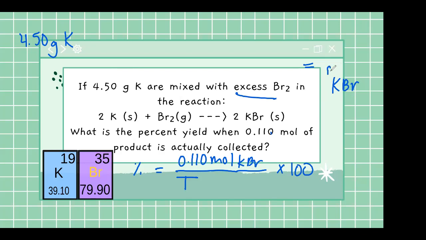Moles, yeah, moles of KBr. So we're not going all the way to grams, right? We can save ourselves a step because it's not asking for it. So in our first conversion, we have grams of potassium, and then what is it over? What is on top?